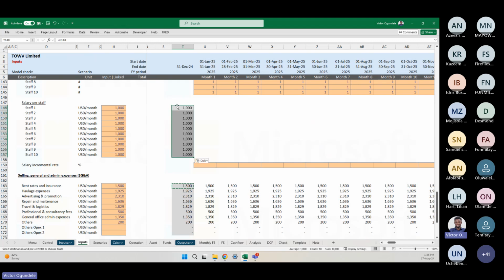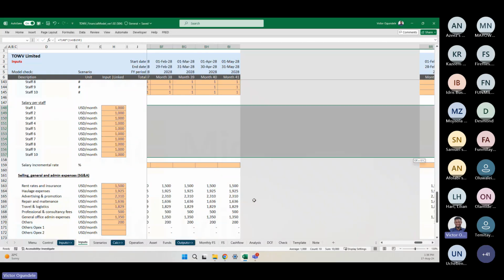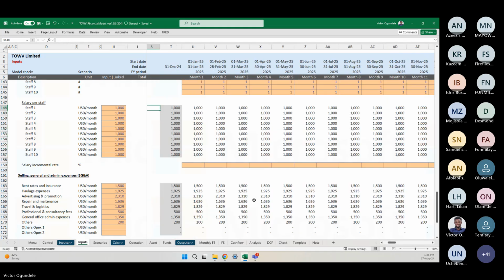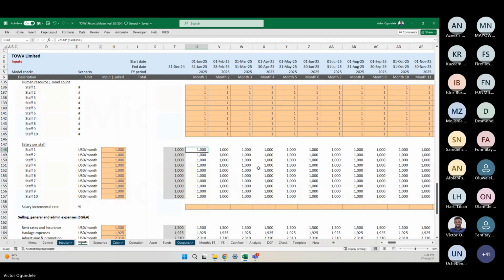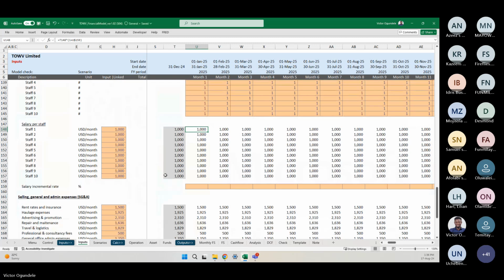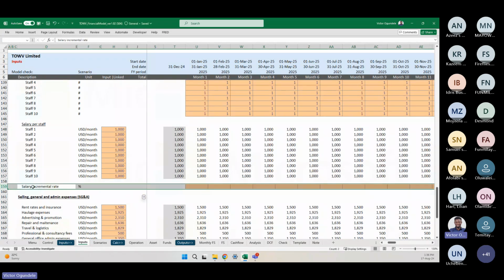That's in formatting, and we can increase each of the salaries by that single incremental rate. So you need to lock the row and copy that across. And let's even have a total.